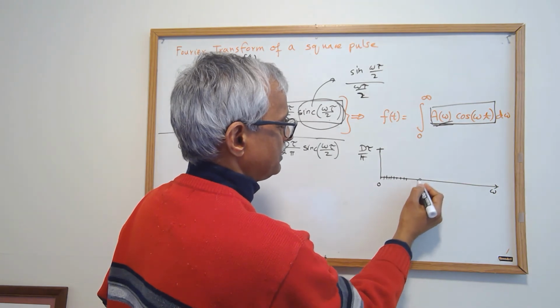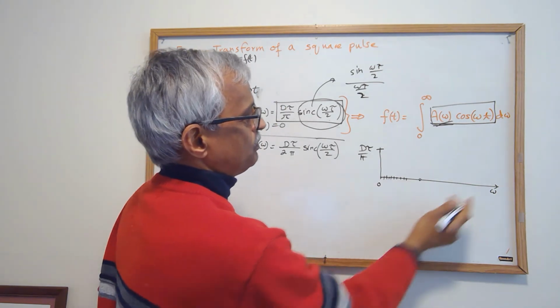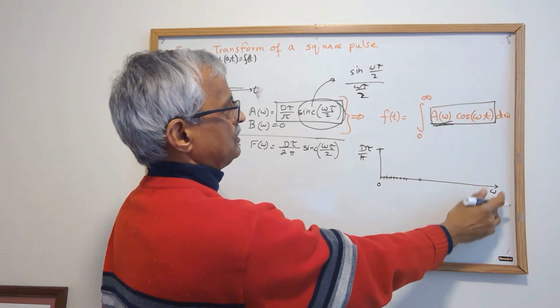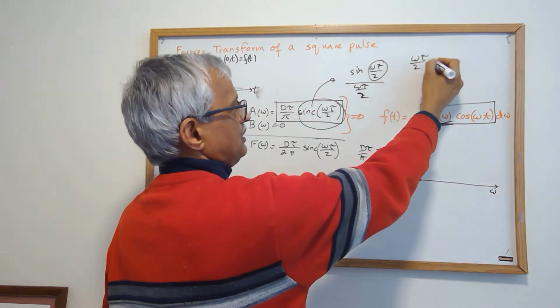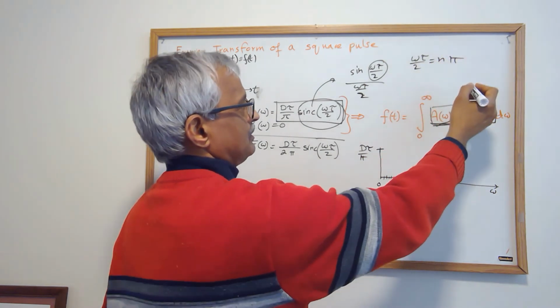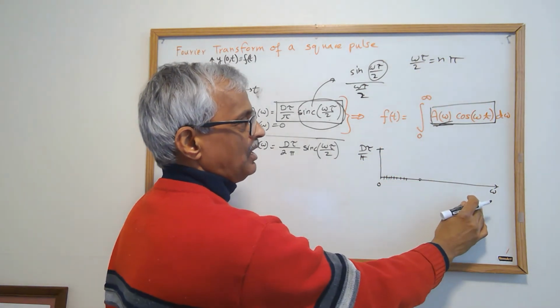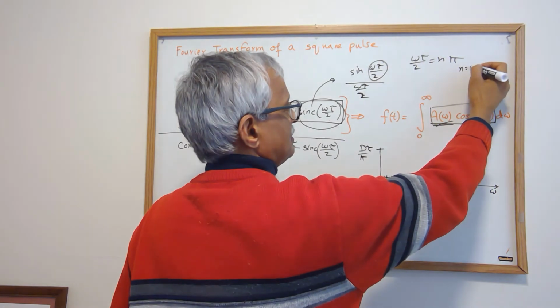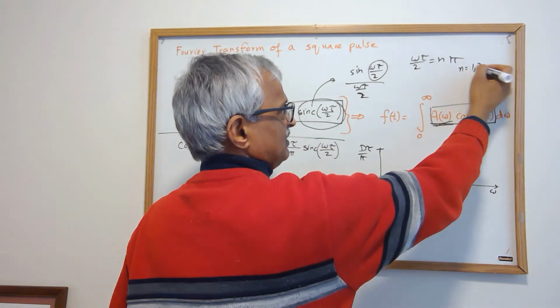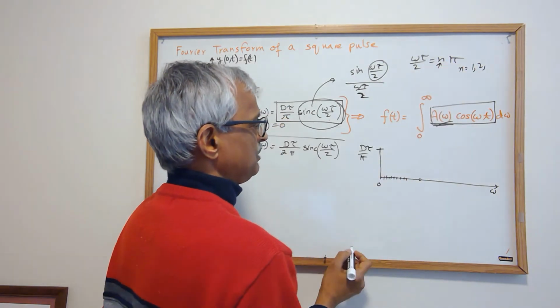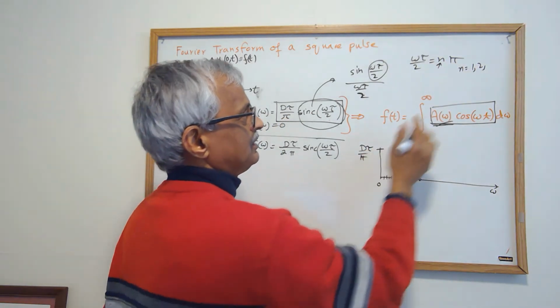Let me write it down over here. At what value of omega will it be 0? That means when omega tau over 2 is n pi, and we are only interested in positive values, so n is not 0. This n cannot be 0 because at 0 it's going to be that.